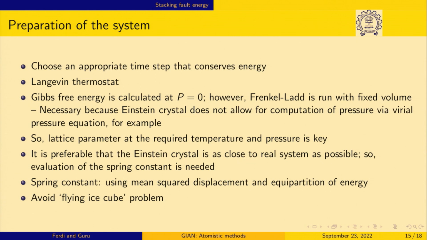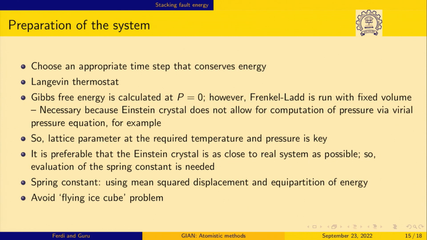In principle yes, there is no problem; you can choose some arbitrary omega and start, but the simulation convergence, the accuracy, etc. get affected. So, you want to be as close to the real crystal as possible when you choose the reference Einstein crystal, and for doing that you need to evaluate the spring constant. And that spring constant is calculated using mean square displacement and equipartition.